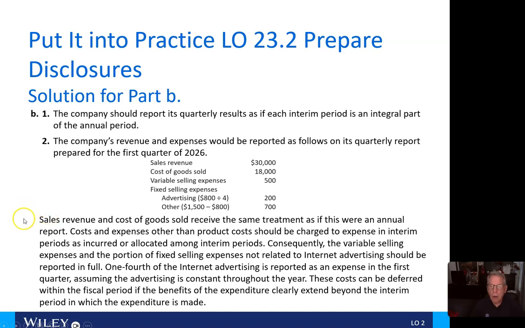Costs and expenses other than product costs should be charged to expense in interim periods as incurred, or allocated among interim periods. Consequently, the variable selling expenses and the portion of fixed selling expenses not related to internet advertising should be reported in full. 1/4 of the internet advertising is reported as an expense in the first quarter, assuming the advertising is constant throughout the year.